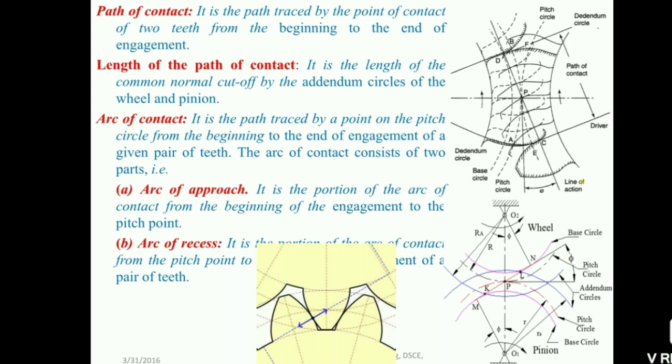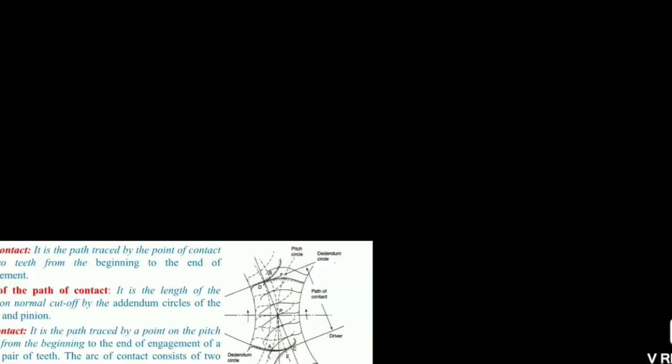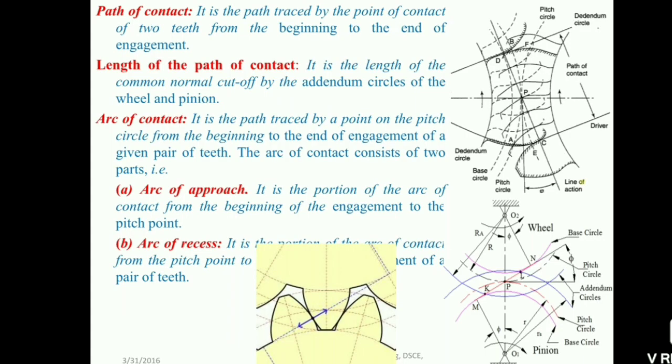Then it begins to disengage and the contact becomes zero. So that is the path of recess. When it comes in, it is called path of approach or arc of approach. When it begins to move away, it is called path of recess or arc of recess.